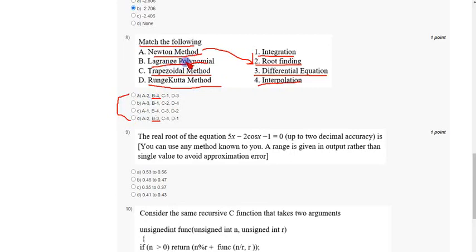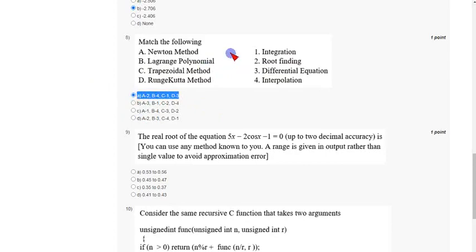Lagrange polynomial is used for interpolation, so B is 4. We can find this combination in the first option. So mark option A as the correct answer for the 8th question.